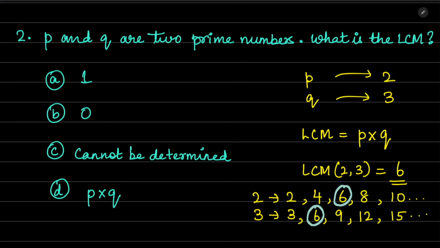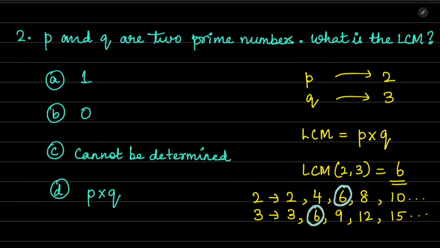Both 2 and 3 can divide 6 perfectly without leaving a remainder. That is what is meant by the least common multiple or LCM. Whenever you are asked to find the smallest number that can get divided by A and B, you have to take the LCM.